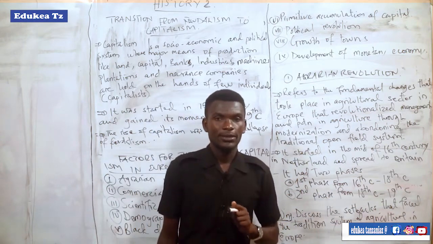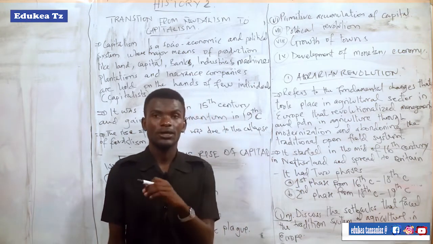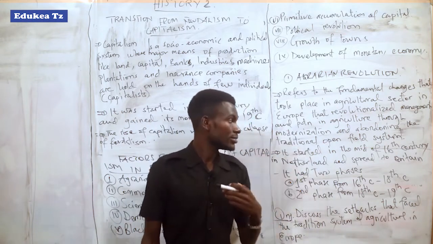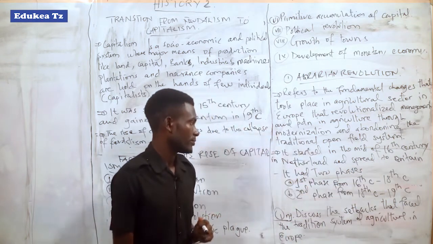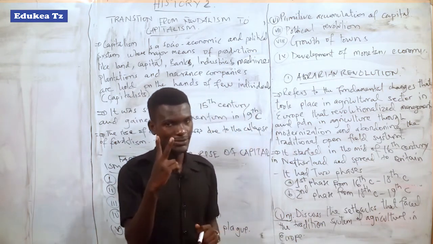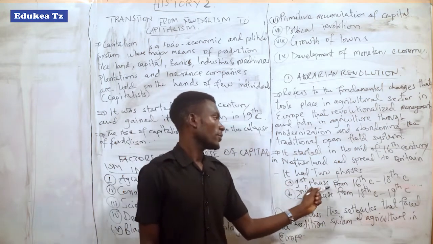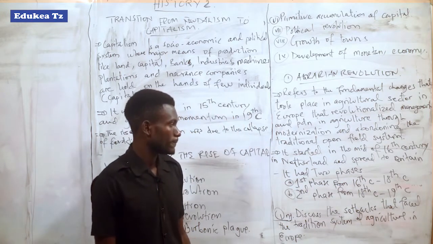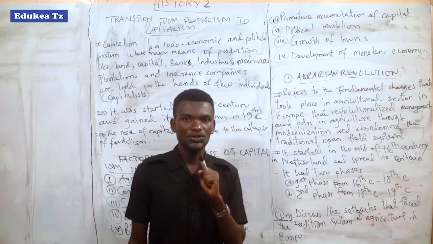Here we come to see that agrarian revolution started in the Netherlands or Holland, and as time went on, spread to Britain. Agrarian revolution had two phases. The first phase, from the 16th to 18th century, took place during the pre-industrial revolution.